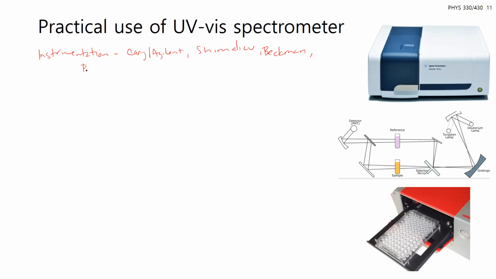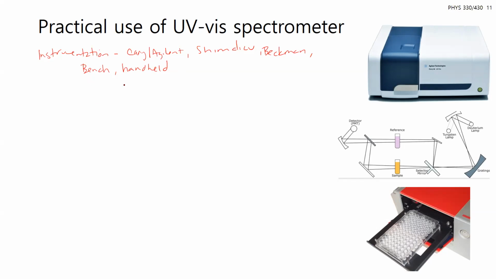It can range from being on the bench to being handheld. There are different sizes depending on how precise, how accurate, what we discussed in lecture 2, how much detail you need. If you're just checking a single wavelength at 600 nanometers for cells, it might be the size of a large cell phone in footprint. If you're trying to do very thorough, very sensitive measurements, it can take up an entire desk area.